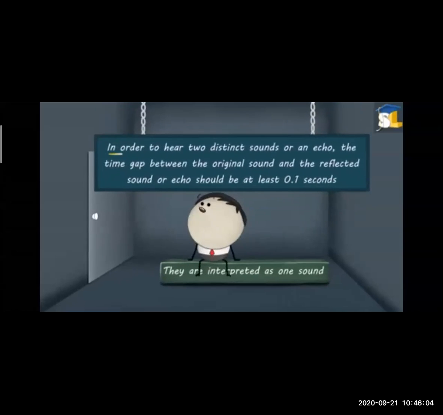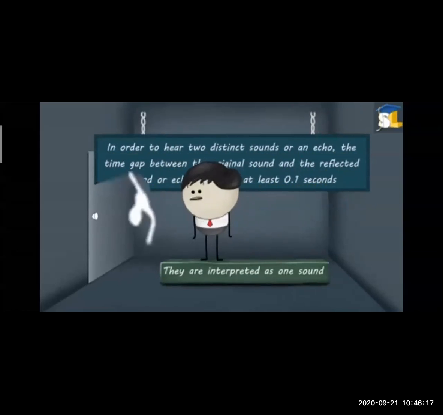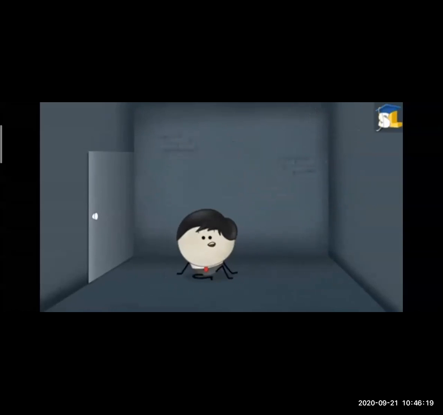Therefore, in order to hear two distinct sounds or an echo, the time gap between the original sound and the reflected sound or echo should be at least 0.1 seconds. This is the first condition for an echo to be heard. Do you know when the time gap will be more than 0.1 seconds? This gets us to the second condition for an echo.